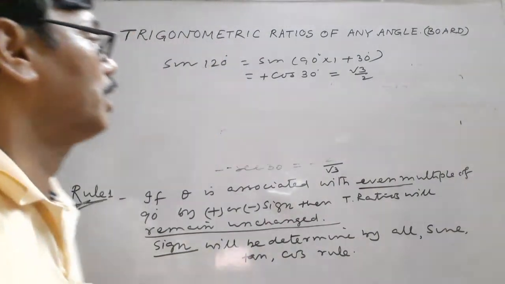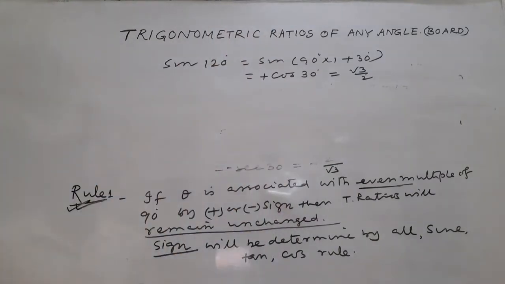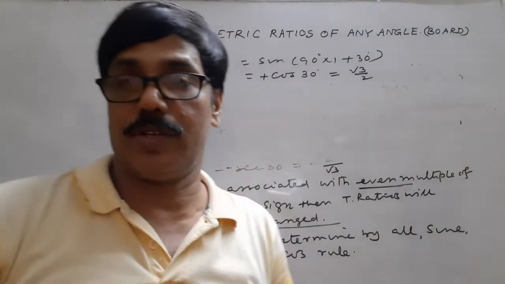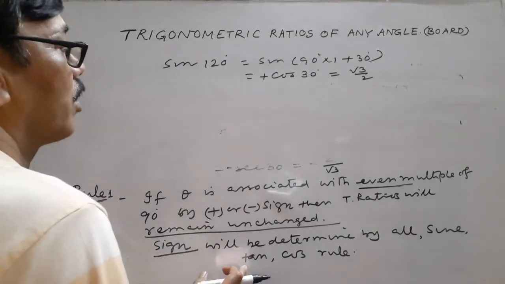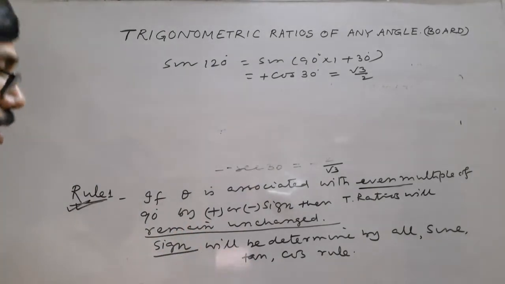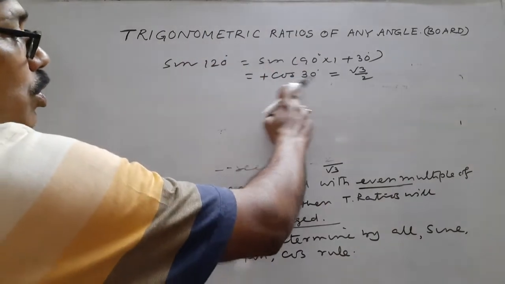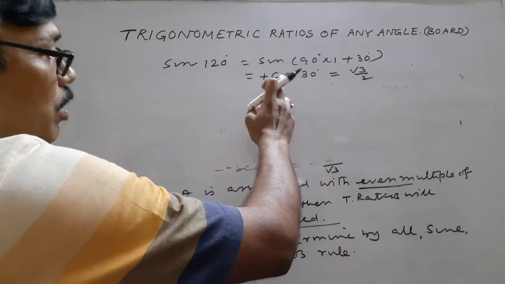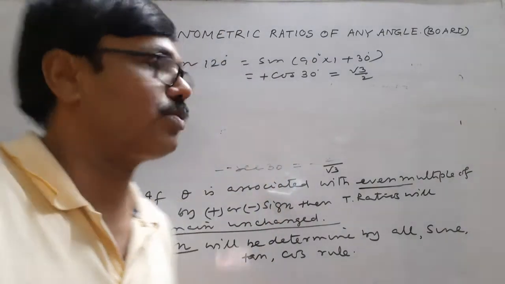Listen. It is an odd multiple of 90, trigonometric ratios will be changed. And the sign will be determined by the all sin, tan, cos rule. Sin is changed to cos. We do not see the quadrant of the transformed trigonometric ratio, only of the original trigonometric ratio.